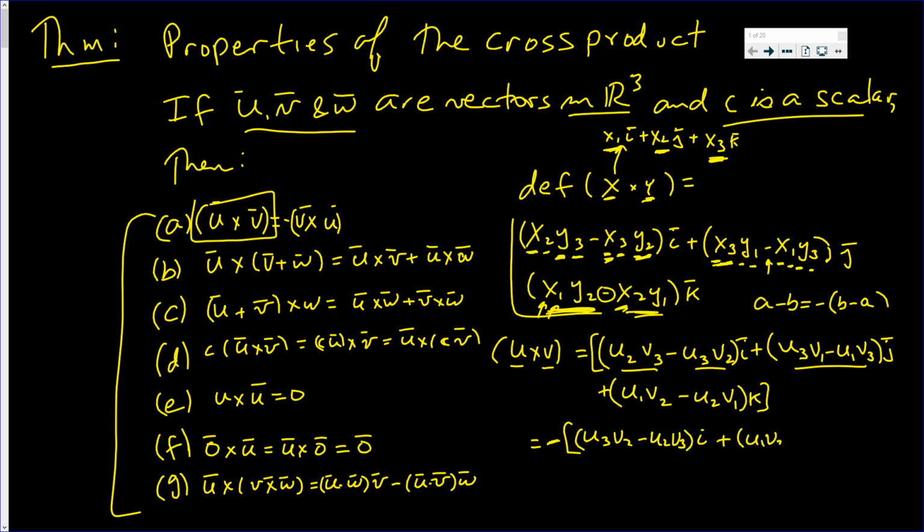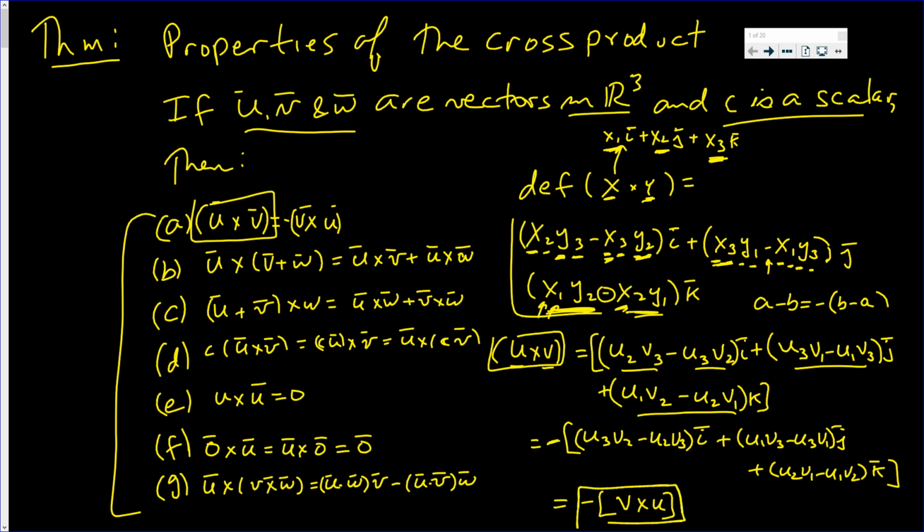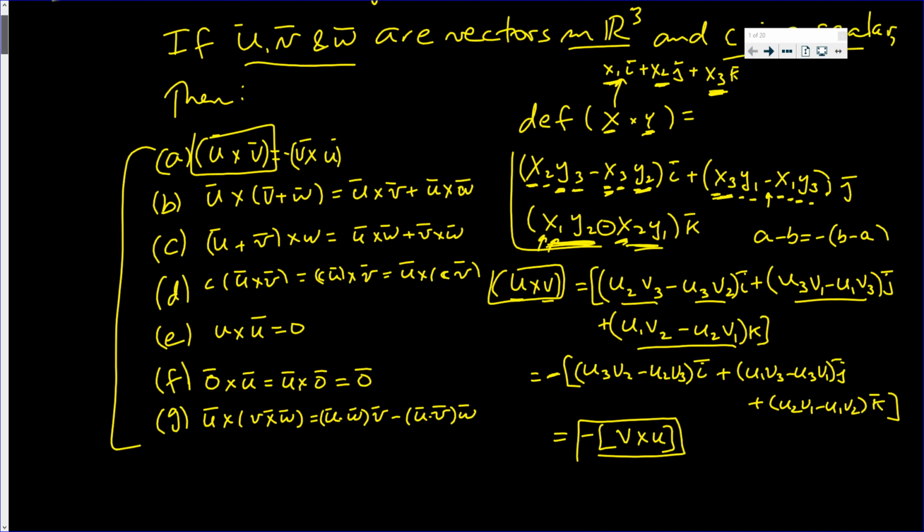And I get U1V3 minus U3V1 J. And then I factor out the minus from here. And I get U2V1 minus U1V2. And this is in the K direction. And if you noticed, what's in those brackets is just V cross U. That is, we proved the first fact. U cross V is equal to negative V cross U.